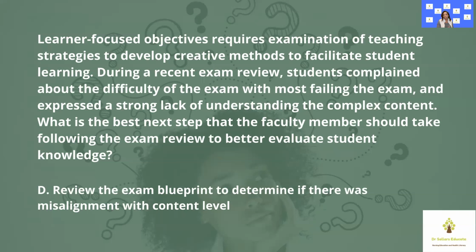That's going to ensure that if we have a level 4 student or senior student, that we are including higher level activities and evaluation and assessments of learning versus a student that may be a first-year nursing student. We know that they are often going to be at that lower level remembering phase. Our junior nursing students, that's where they start. All right, so that's the reason why that's the best next step.